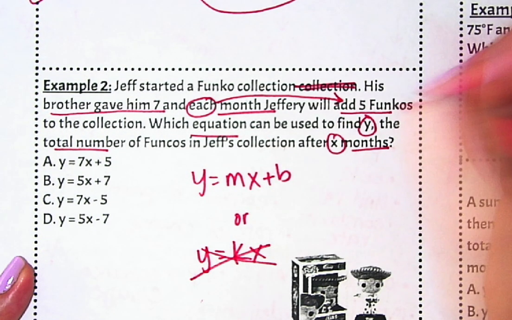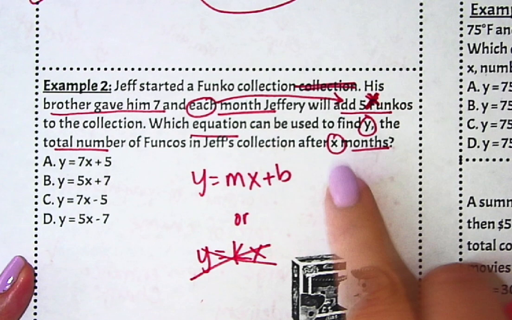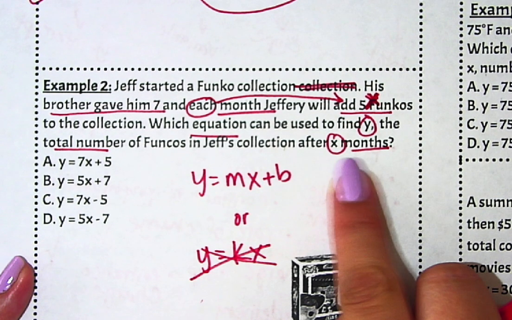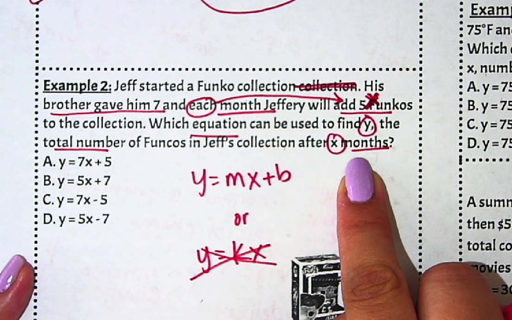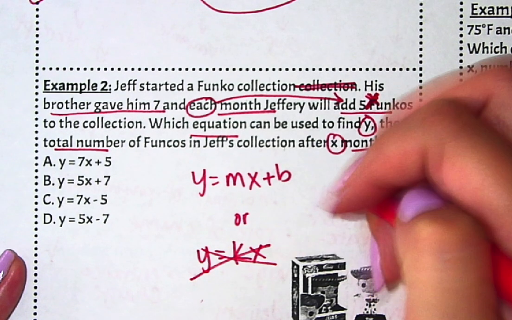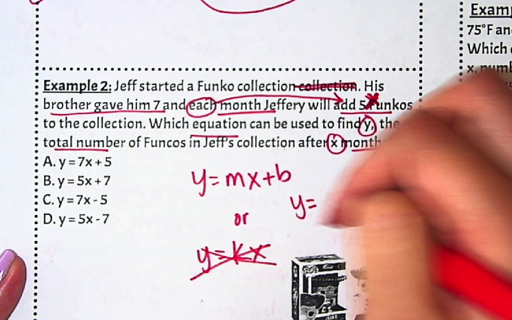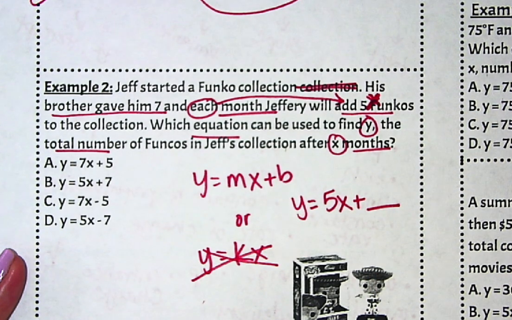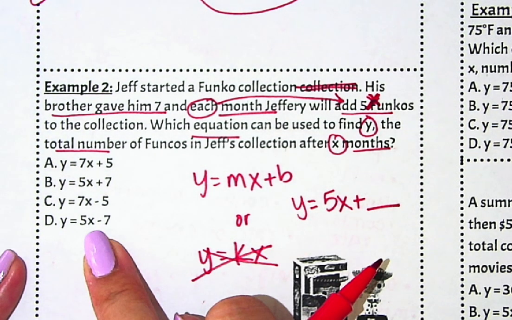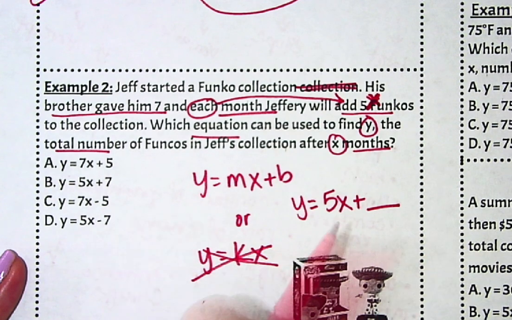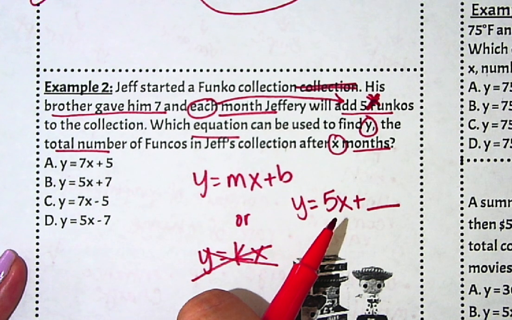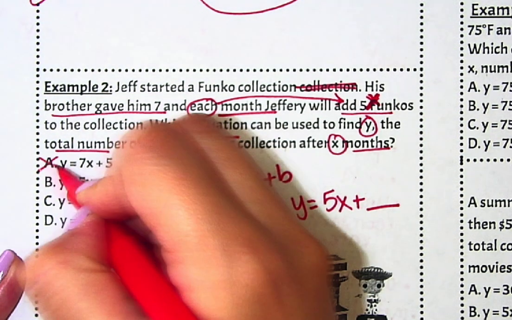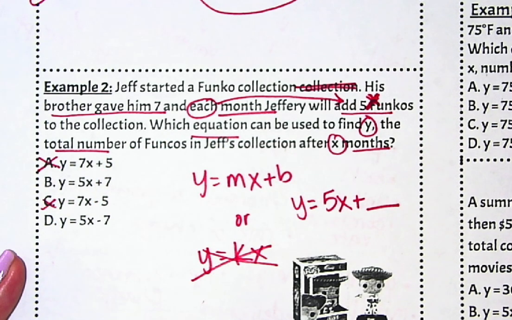That means that 5 is going to have an x with it, because that's talking about months. So when I rewrite this, y equals 5x plus my b. And then I can go back to my answer choices and eliminate. Which one does not have 5x? A or C does not have 5x.